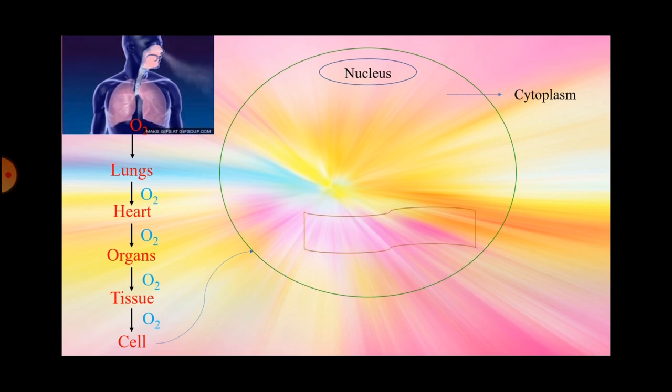So the main three things that we are going to study today, we don't want any other organelles of the cell. No Golgi bodies, no vacuoles, nothing. We just want these three parts that are present in the cell: nucleus, cytoplasm and mitochondria. The main functioning of energy is done in the cytoplasm and it is stored in the mitochondria. So we are going to study that in detail now.